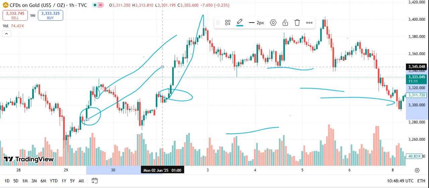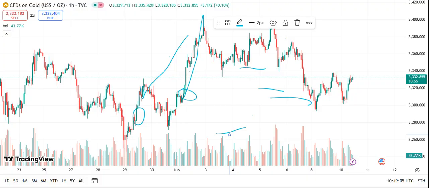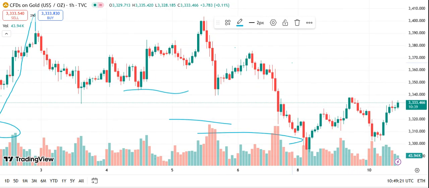Today the reason why I'm using gold is that gold is very volatile, and there are a lot of volumes when trading gold. Looking at the structure over here, we can see that gold is in an upward momentum, and all you need to do is analyze in the 1 hour time zone.